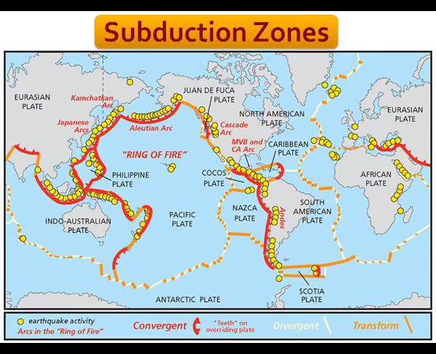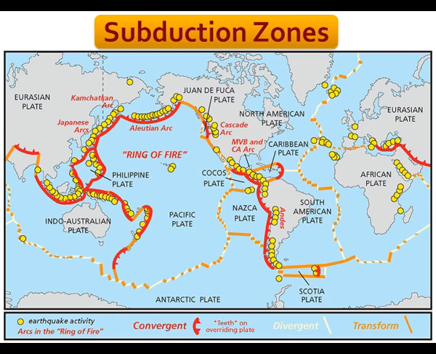What are subduction zones? When you look at the global map, there are several places where the geographical process of subduction has been carried out. When you look at the left corner of this map, you can find what kind of subduction was recent for the formation of the Himalaya.